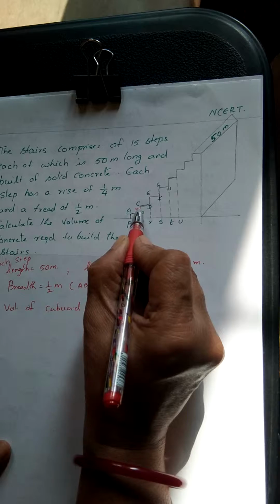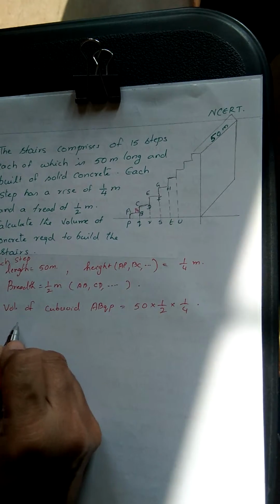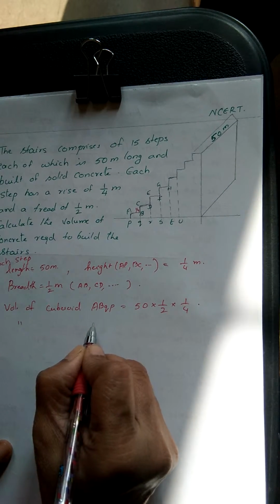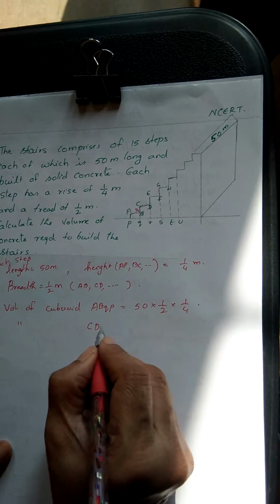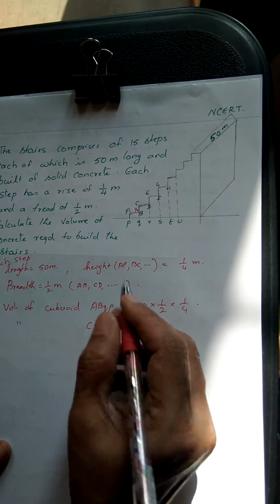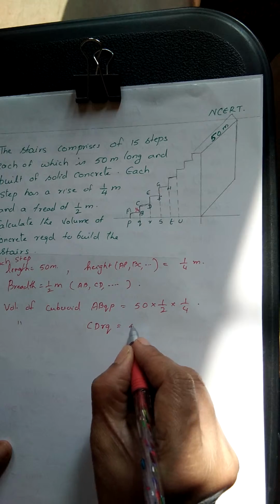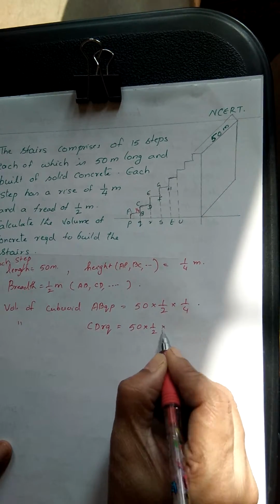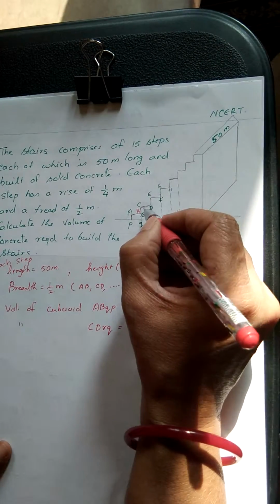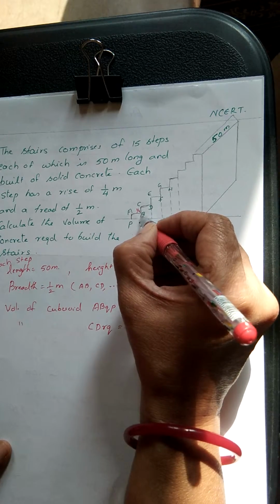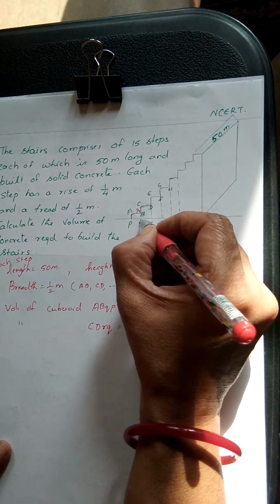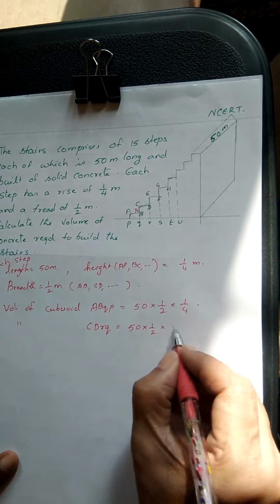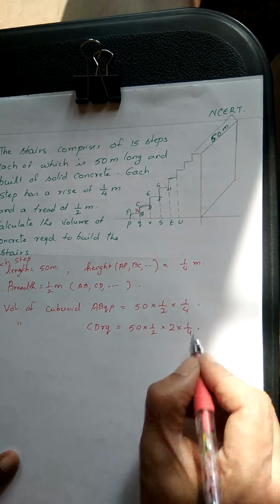Now we will consider this as a cuboid. So the volume of the cuboid CDRQ is equal to, again the length and breadth are the same, and the only difference is the height, where we have to consider the full height CQ. So this will be AP plus CB, so 2 into 1 by 4.